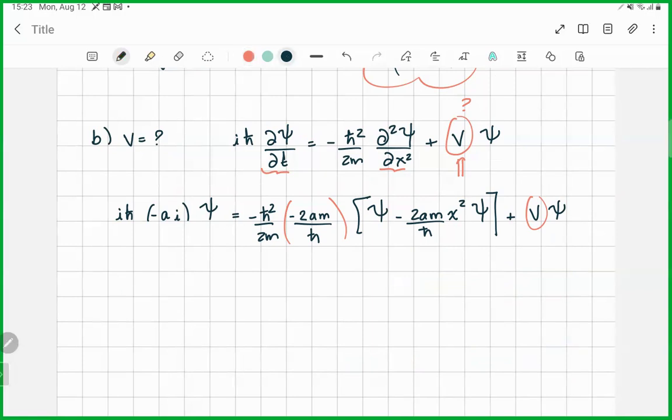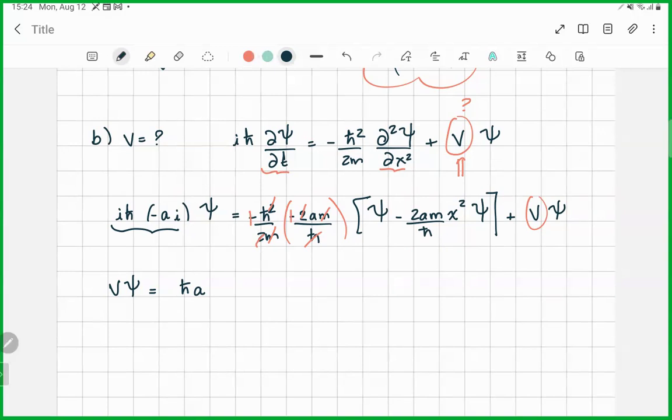So V multiplied by the wave function gives us, this first term becomes plus h bar a. This second term, let's see what we can cancel here. There is this h bar, this m, this 2, this becomes plus, right?